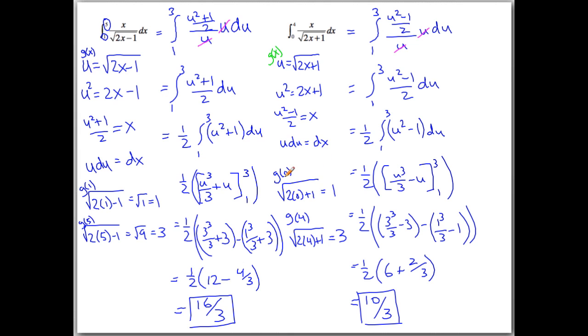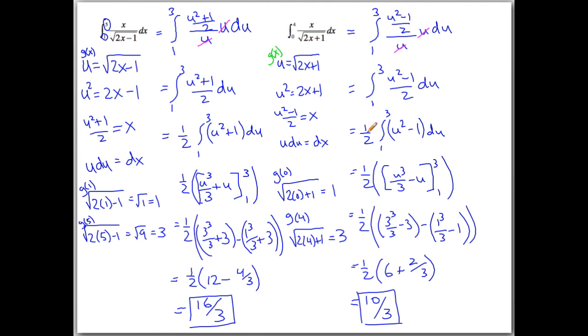And then we need to change our x values into u values. So we find g of 0, which was 1, and g of 4, which was 3. And so we had the integral from 1 to 3 of our x, which is u squared minus 1 over 2, over u, and then times dx, which is u du. From here, the u's cancel.